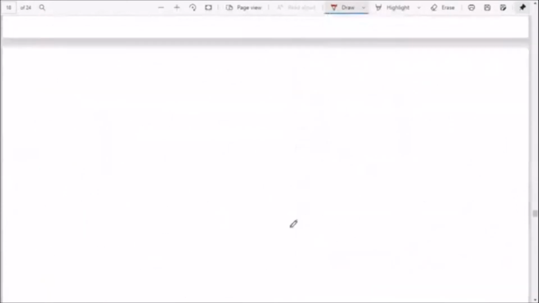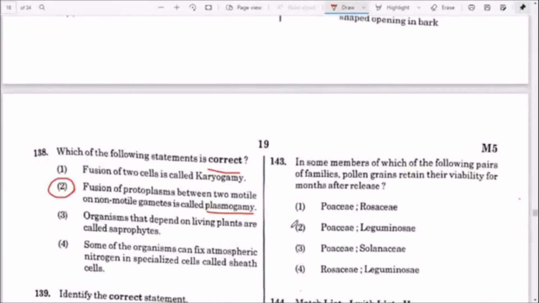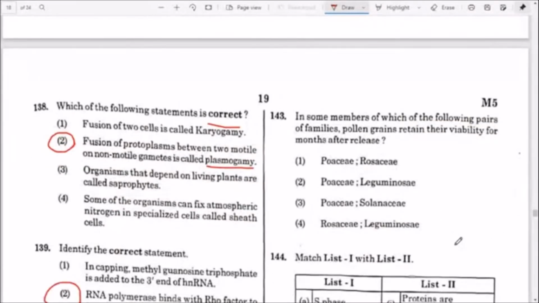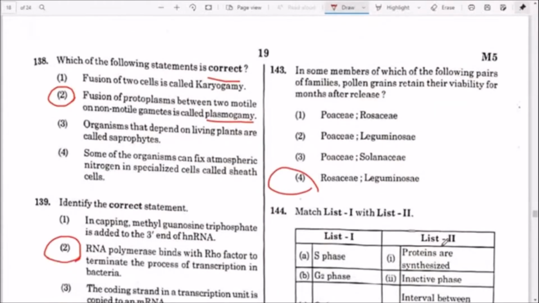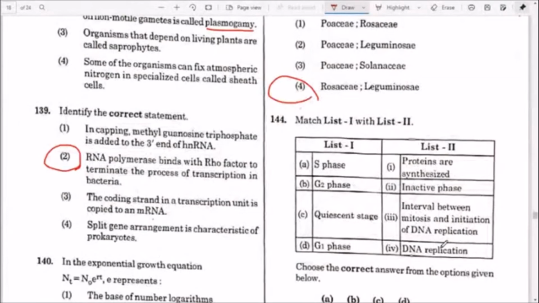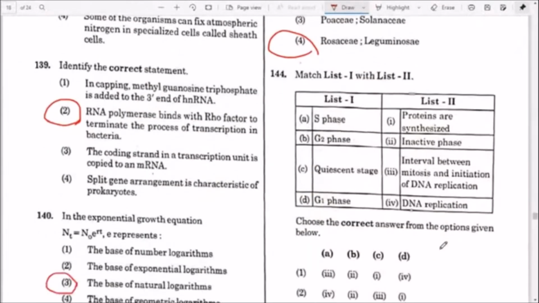Next, question number 143. In some members of which of the following pairs of families, pollen grains retain their viability for months after release? Rosaceae and Leguminosae, that is option number 4 is correct option, friends. Next, match list 1 with list 2. S phase, G2 phase, quiescent phase and G1 phase.